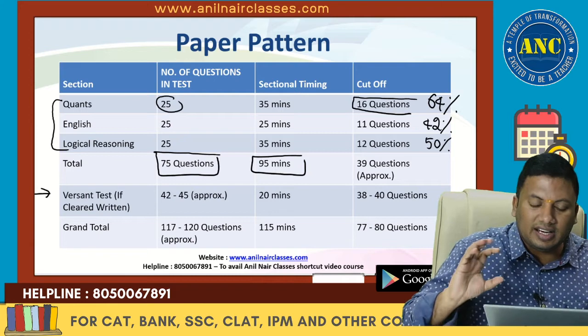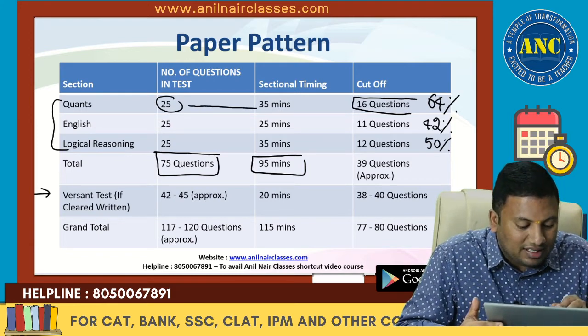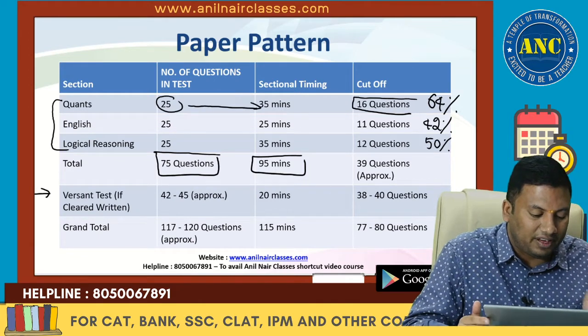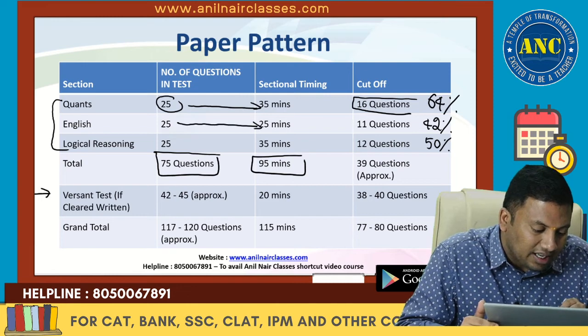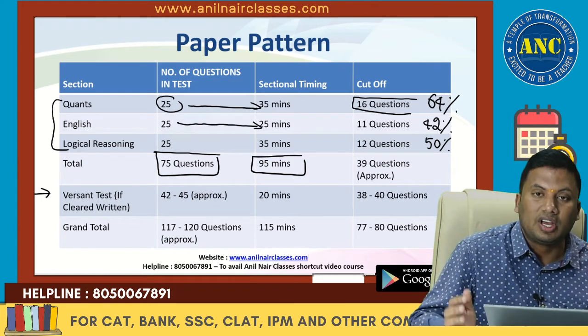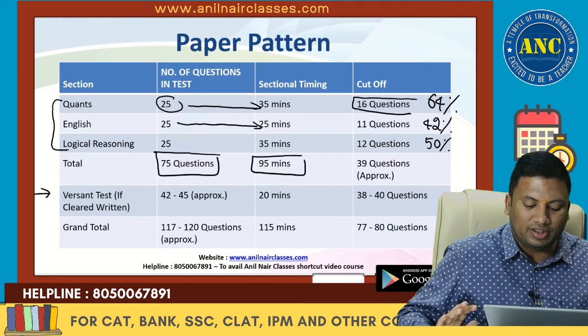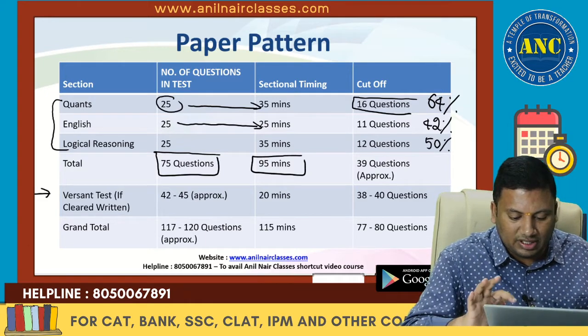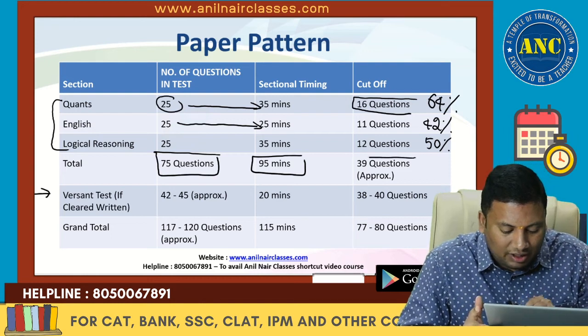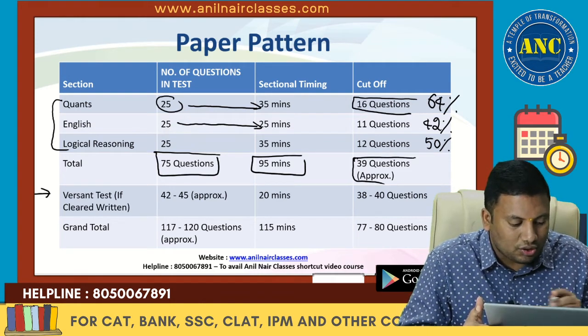Please remember, there is a time limit: 35 minutes is allocated for 25 questions, and 25 minutes is allocated for 25 questions. You have to clear the sectional cutoff, then only will you get into the second round. Almost 39 or 40 questions overall you should get right.